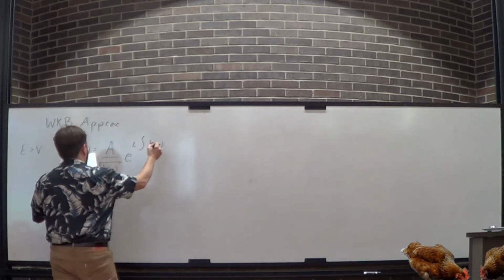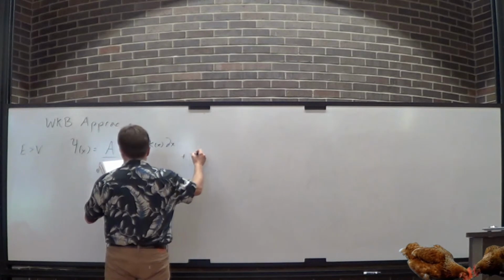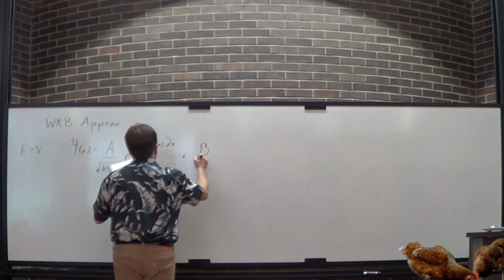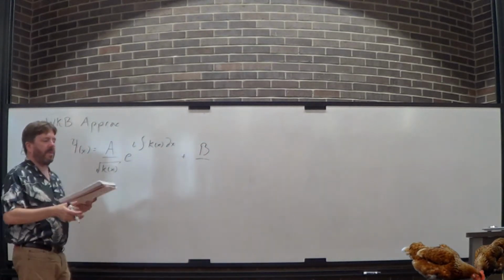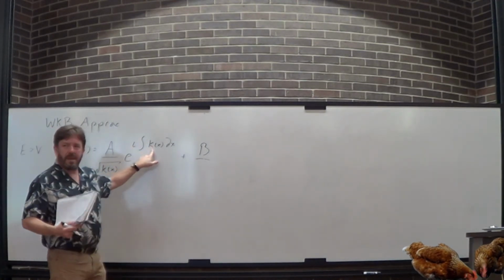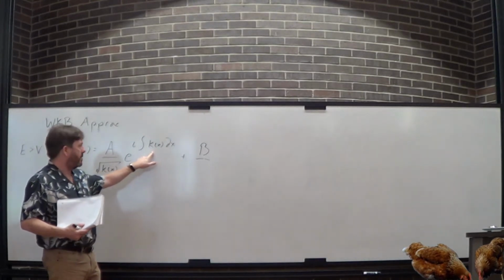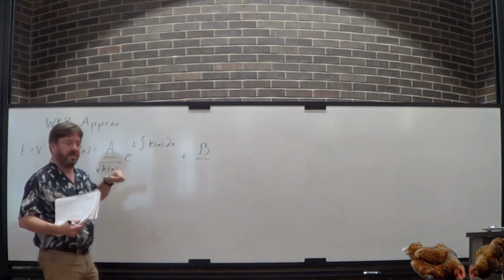And don't forget that we used to have a little h bar in that, but that was when we had momentum. So if this was i over h bar, that would be momentum, but we know that k times h bar is momentum, so I cancel out the h bars that way.